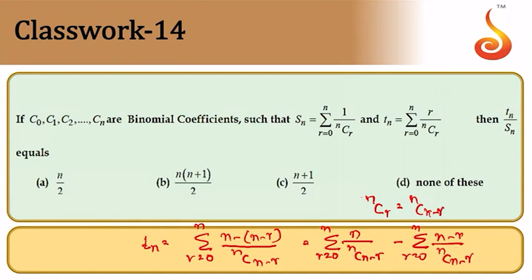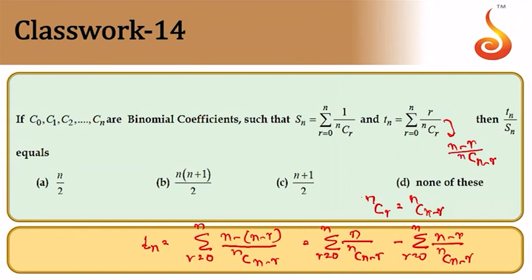So this can again be written as summation r equal to 0 to n of n by nCr, minus summation r equal to 0 to n of (n minus r) by nCr. So this is nothing but again Tn.